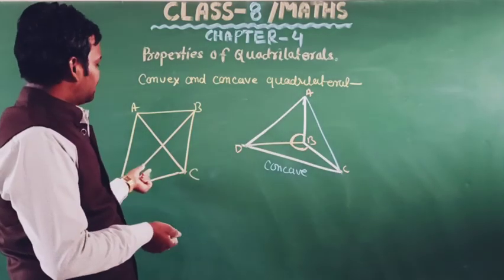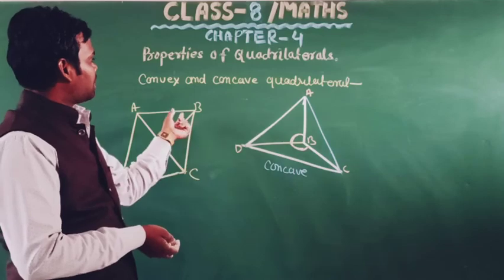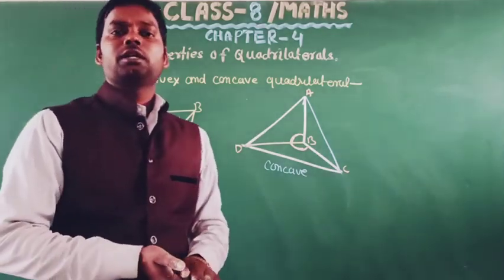So these are two examples of convex and concave quadrilaterals.